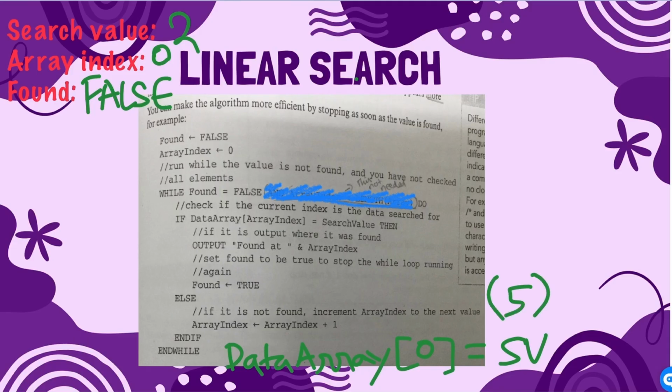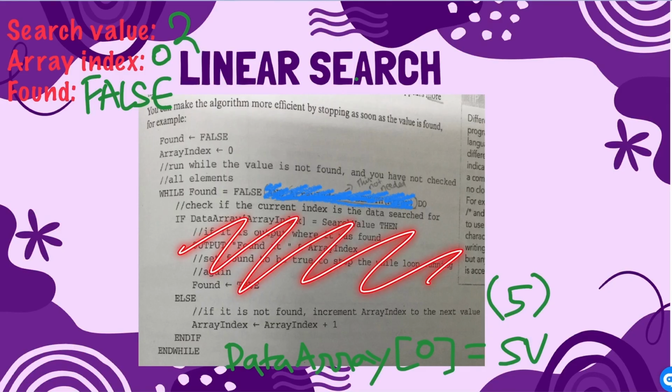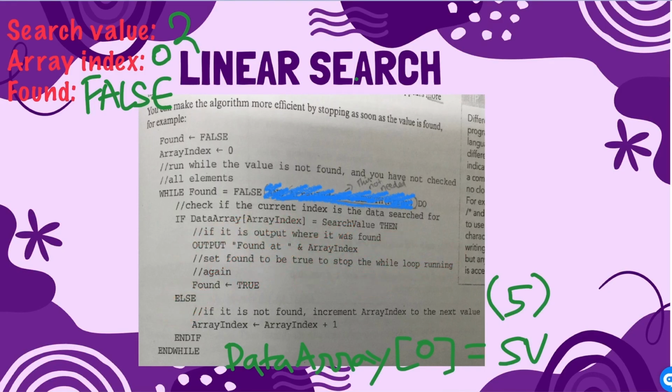If it is, then you need to output found at and array index. But let's pretend that it is not equal to the search value. So we'll just ignore all of this code and go to the else part. Else, array index is array index plus 1. So it increments again by 1. So now 0 plus 1 is going to give you 1.